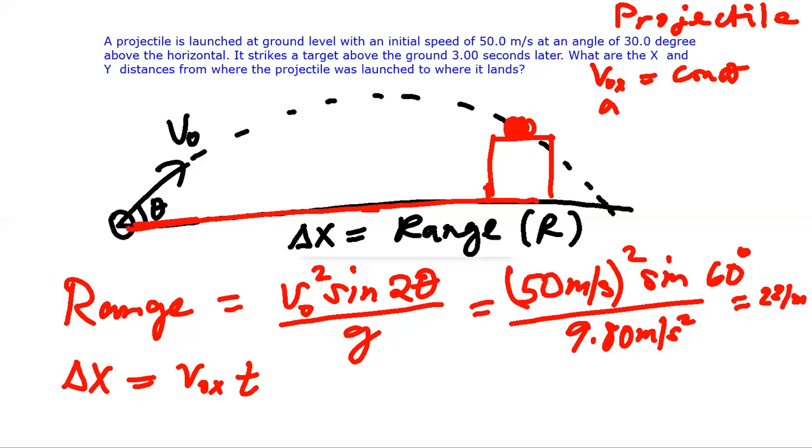We know that a y is equal to minus 9.8 meters per second squared. So delta x is just equal to v o x t.